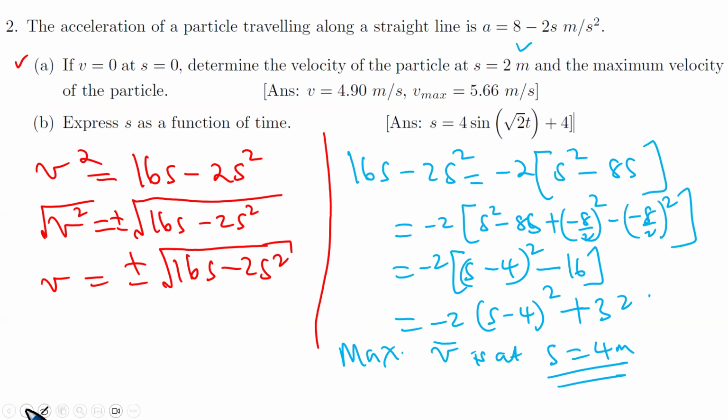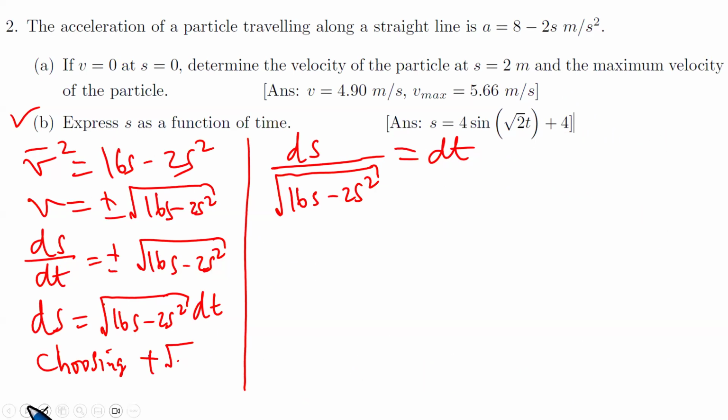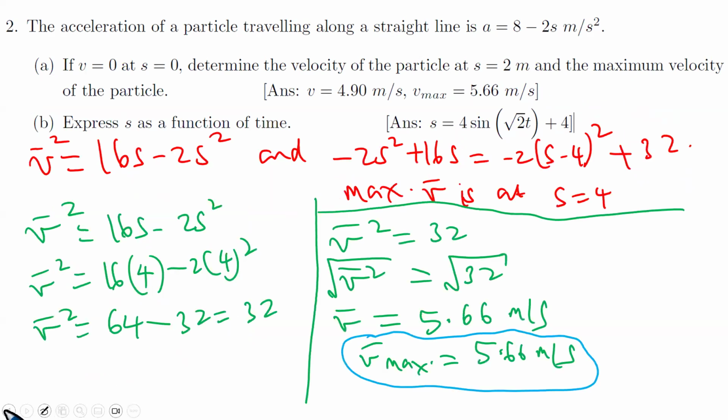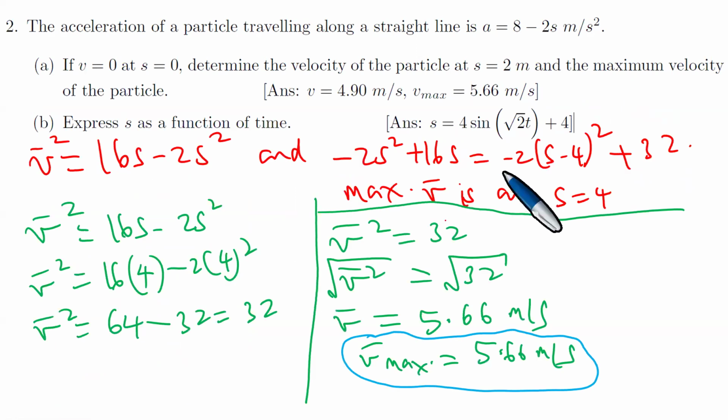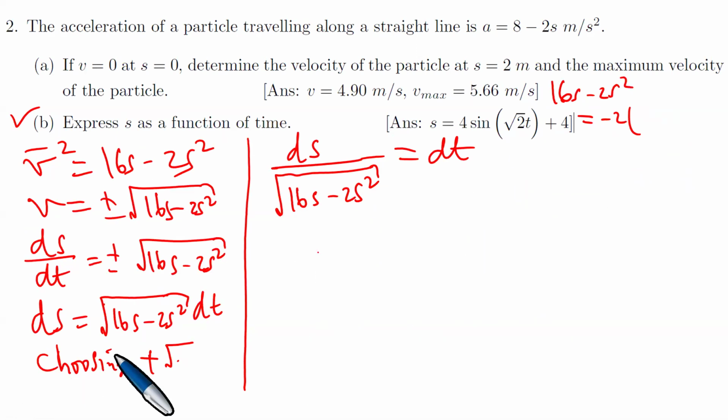Let's write that one down: 16s minus 2s squared equals minus 2(s minus 4) squared plus 32.